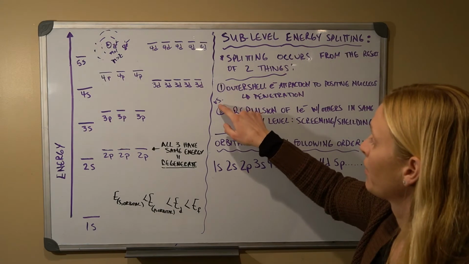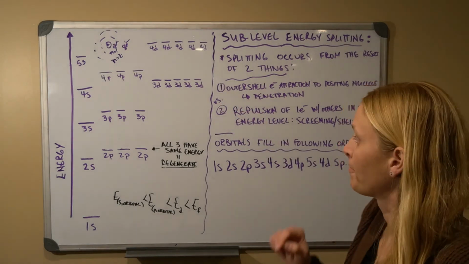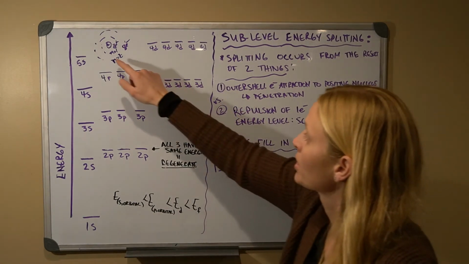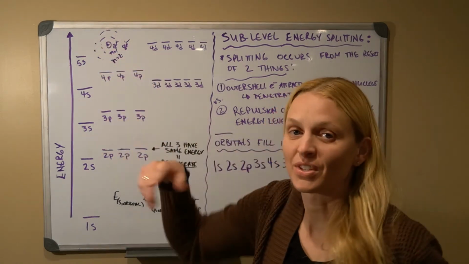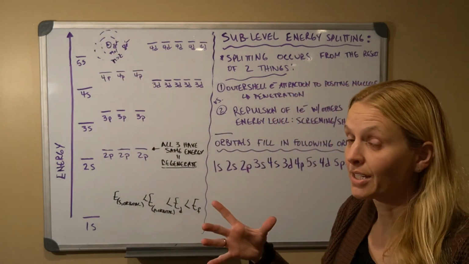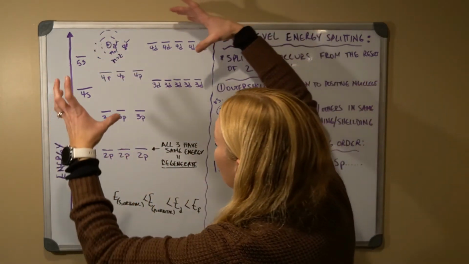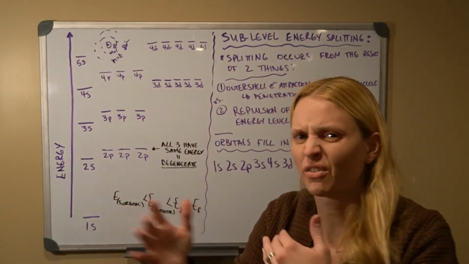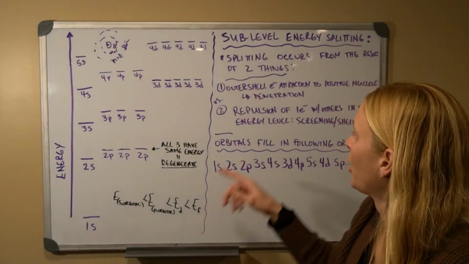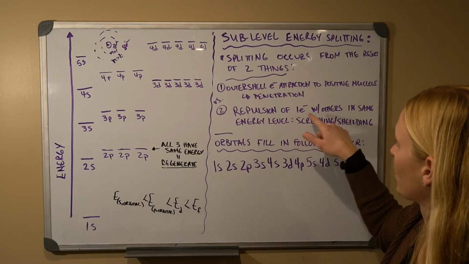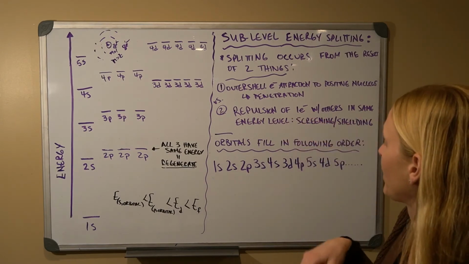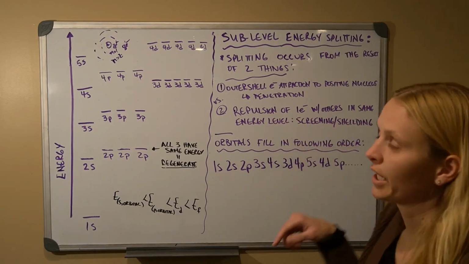However, that's up against another factor: there's a whole bunch of other electrons in the same energy level, and they're all negatively charged. So when they attract in, they repel each other. The second one is the repulsion of one electron with the others in the same energy level, and this is called screening and shielding.